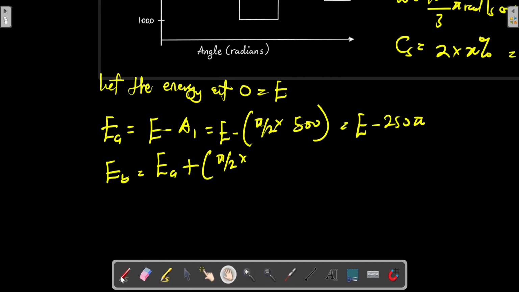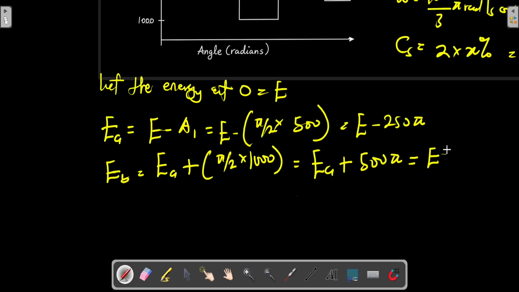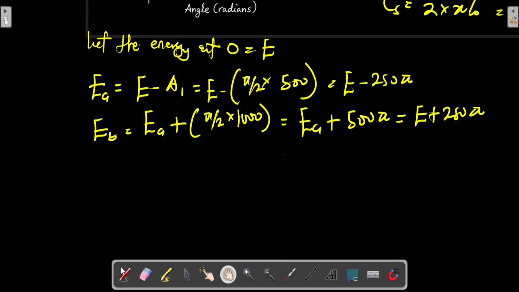So you are going to get EA, and EA is what? You already know EA, which is E minus 250 pi. So EA plus 500 pi, so we end up getting E plus 250 pi. That is the energy at B.